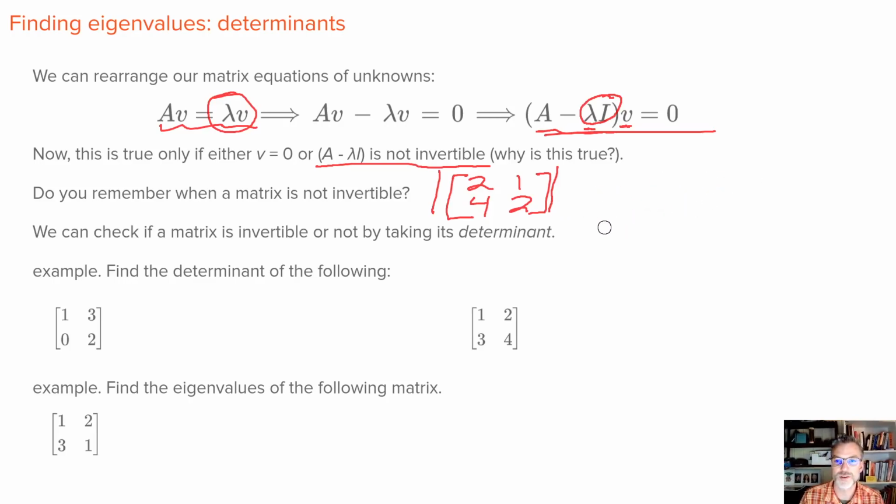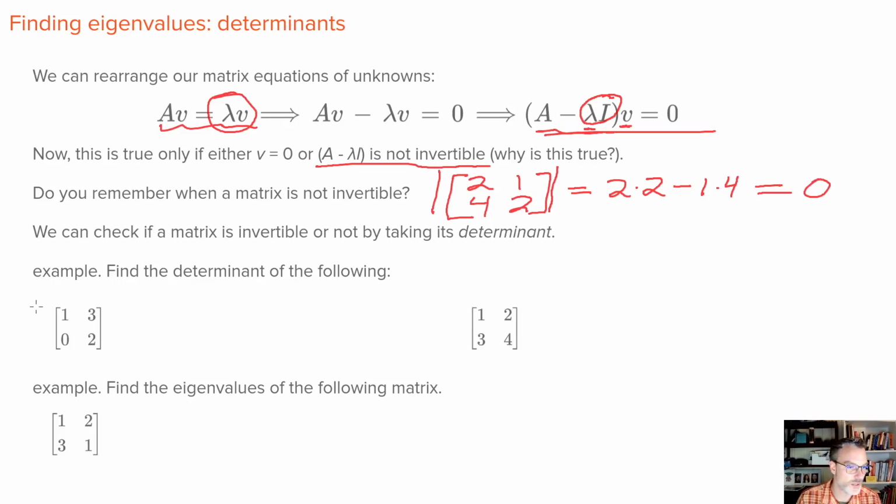Just get rid of the simplified matrix and work here. With a determinant calculation, I multiply those two 2's together, and then I subtract this 1 and this 4. This is the determinant of a 2 by 2 matrix. It's this times this minus this times this. And you notice it gives me 0.